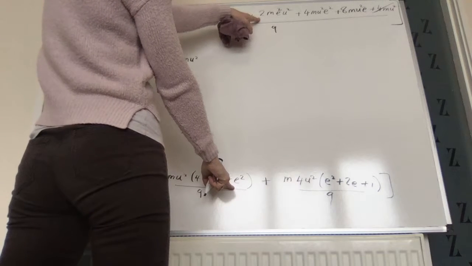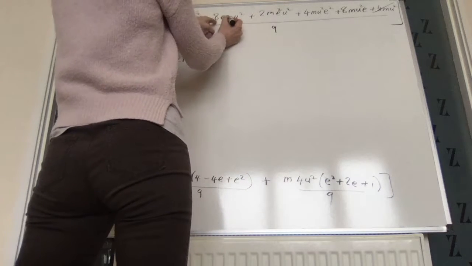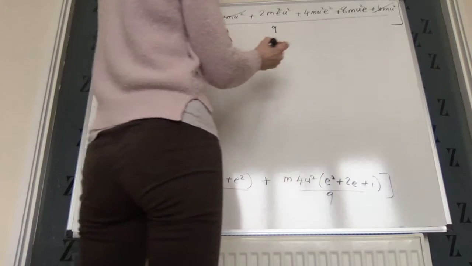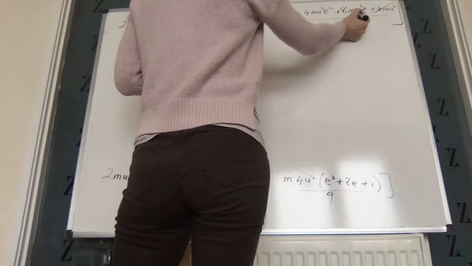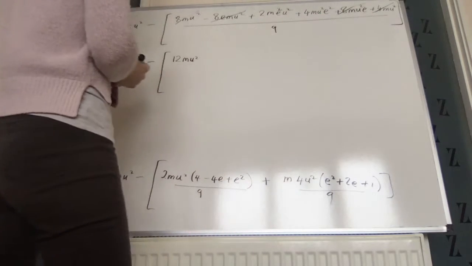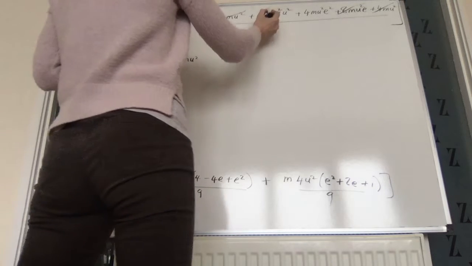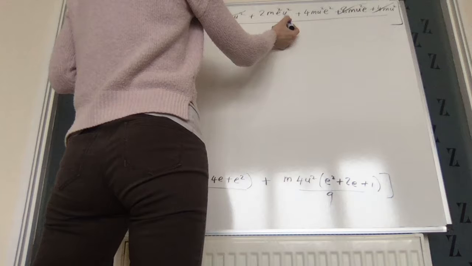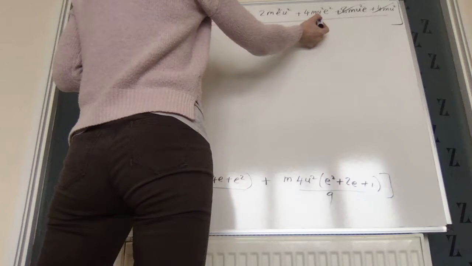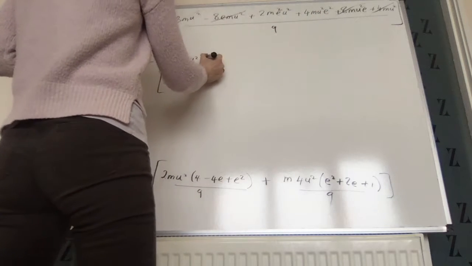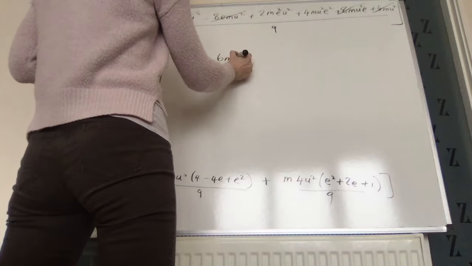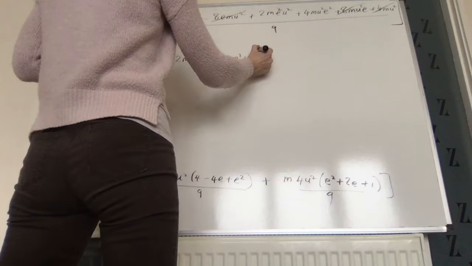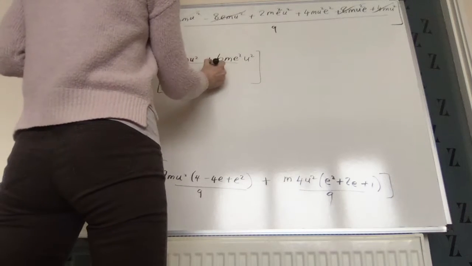So we have minus 8emu squared and plus 8emu squared, so they add to 0. We have 2me squared u squared and 4me squared u squared, so that's 6me squared u squared over 9.